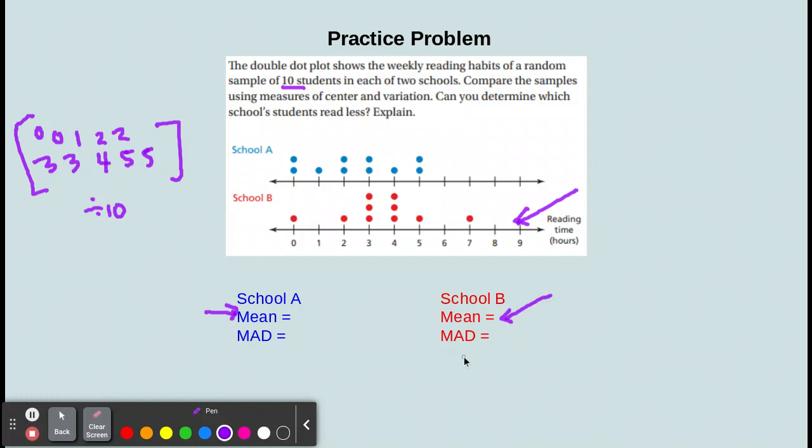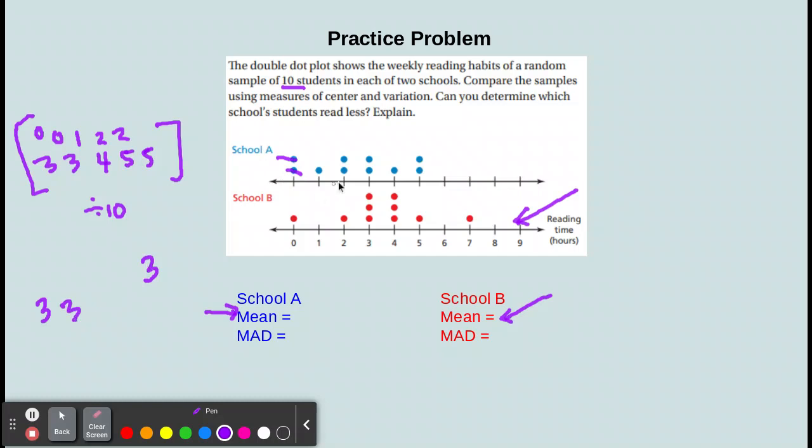Then to calculate the MAD for each school, let's say our mean is, for example, the mean is 3 for school A. So now you need to calculate the MAD, and you need to do, 3 minus 0 is 3. That takes care of that one.